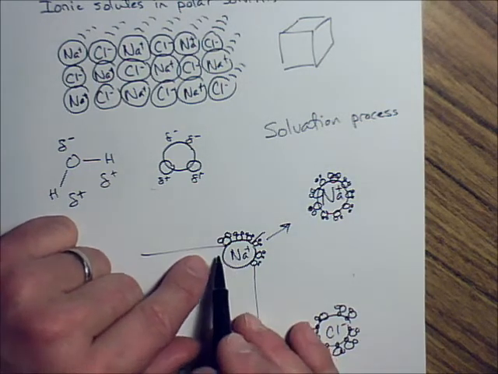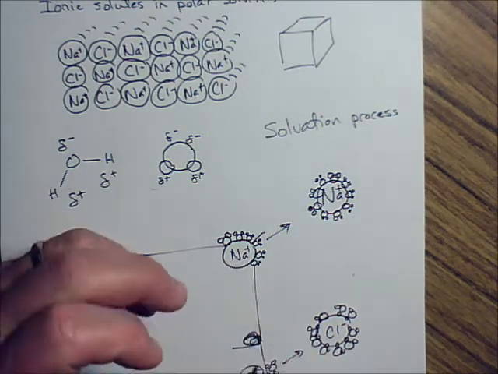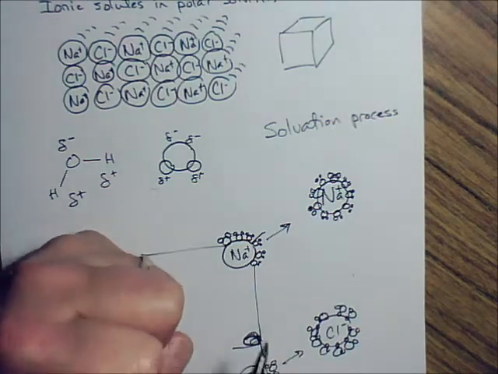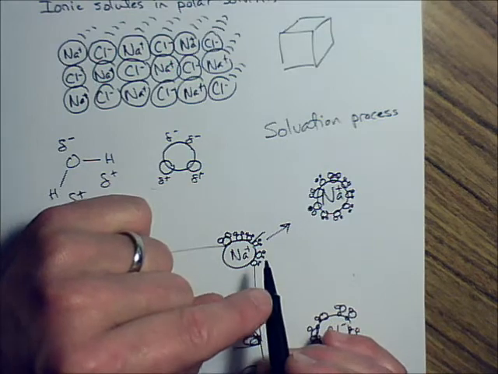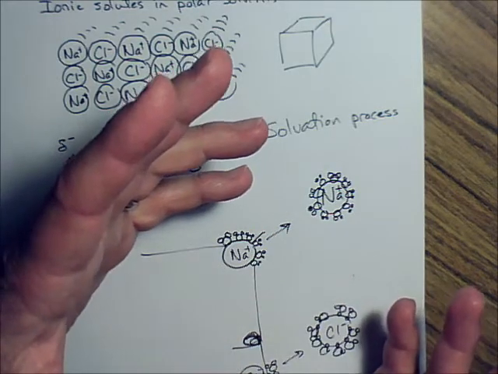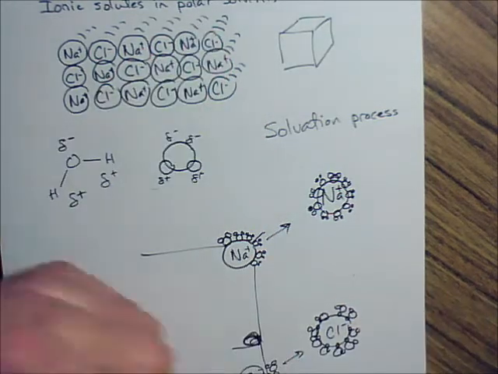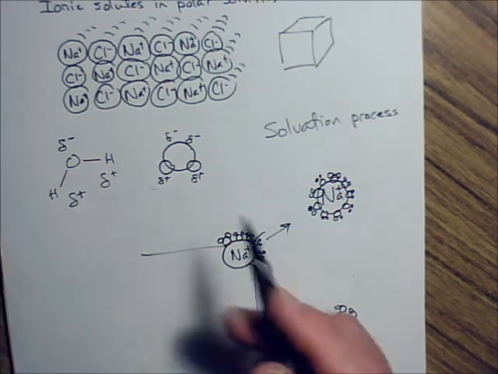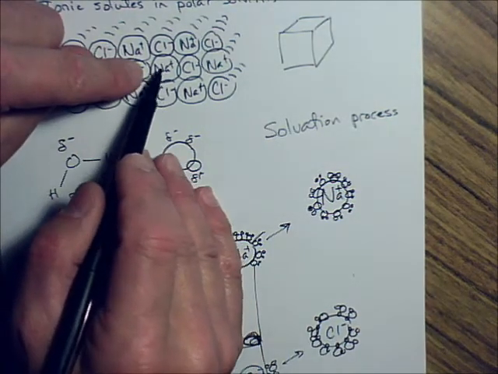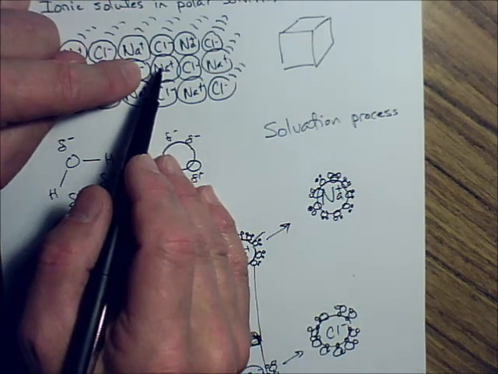And if they're out on a corner, enough that I can get a lot of water molecules around there, and they wiggle enough, they're going to come loose, because the water molecules take care of all their need for that opposite charge. What conditions does it have to be before it becomes? Well, it can't be a sodium that's in the middle, because the water can't get to it. Does that make sense? Yeah.